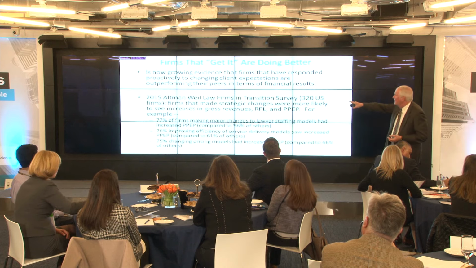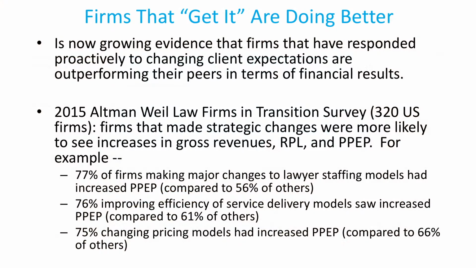In the 2015 Altman-Weil survey, which I'm sure you all read, Law Firms in Transition, it was very interesting. They examined firms that had made the kinds of strategic changes we're talking about, and what they saw was that those firms were more likely to have higher increases in their revenues, RPO, and profits than those that did not.